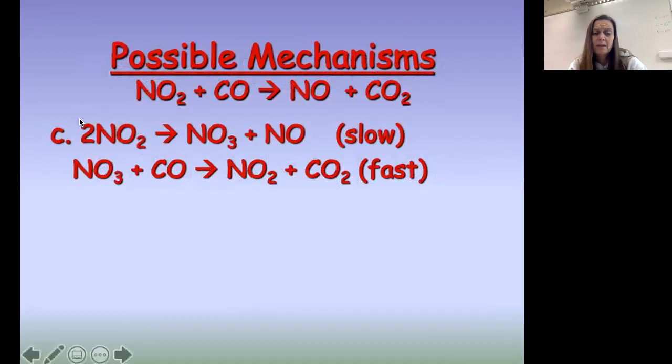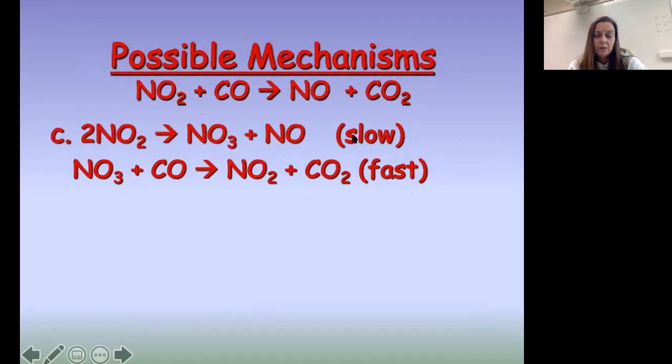This mechanism says that two nitrogen dioxide molecules combine to form a nitrogen trioxide and a nitrogen monoxide, and that is a slow step. And then we have the nitrogen trioxide, that intermediate, reacting with carbon monoxide to give us nitrogen dioxide and CO2 as a fast step.